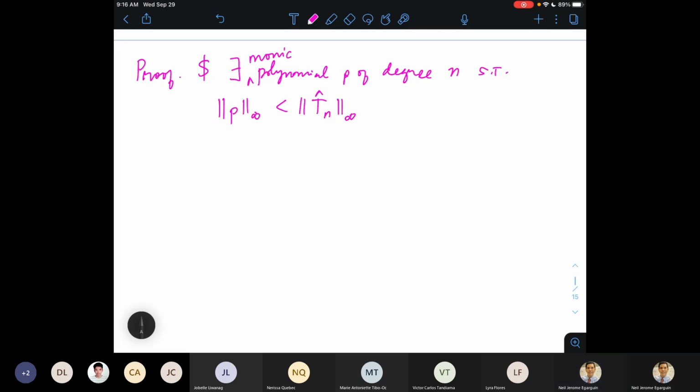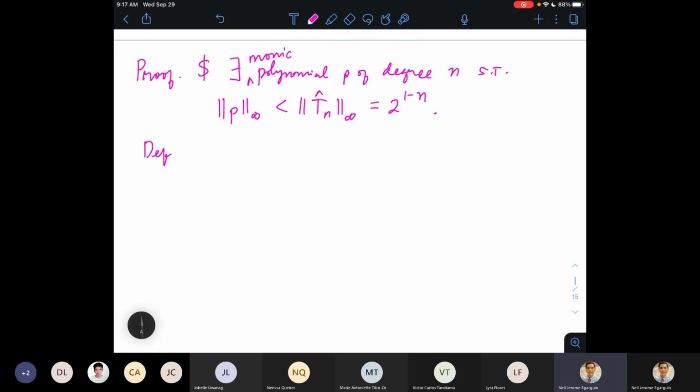Okay. So kunwari, merong polynomial of degree n na monic at saka mas maliit yung L infinity norm kaysa kay monic Chebyshev polynomial. Again, remember ang L infinity norm ni monic Chebyshev ay 2 to the 1 minus n. Okay?